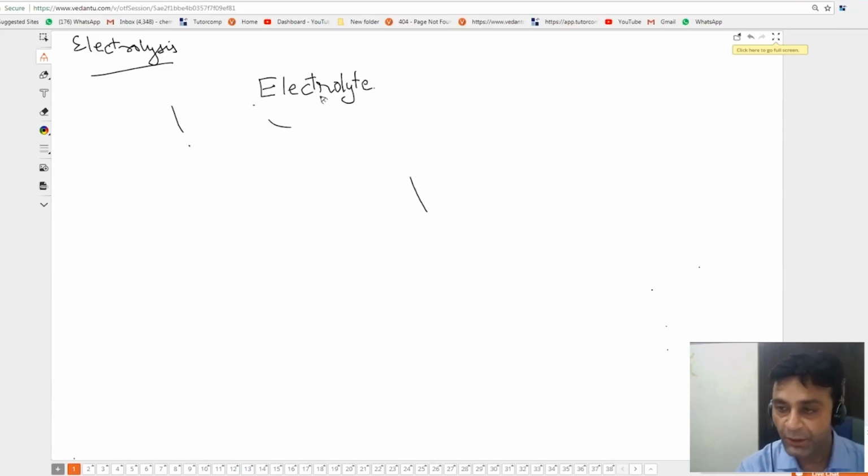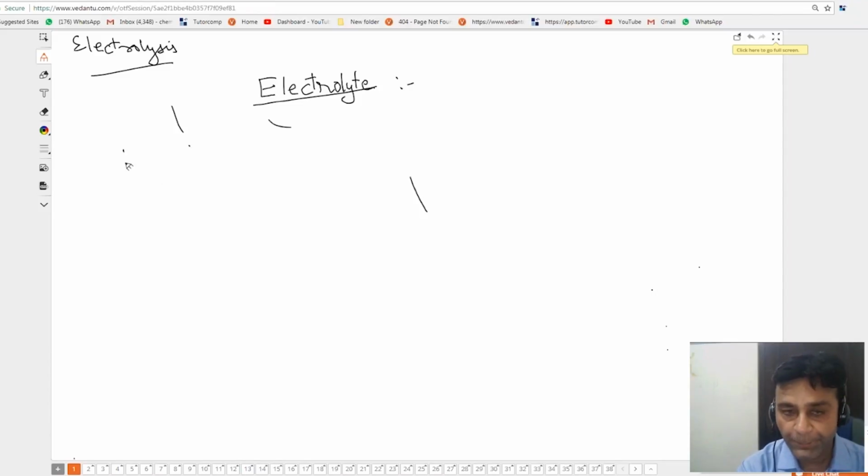So all of you students, see here, the substance is a non-conductor, a bad conductor in solid state, but it is a good conductor in the molten state or in the aqueous state, right?